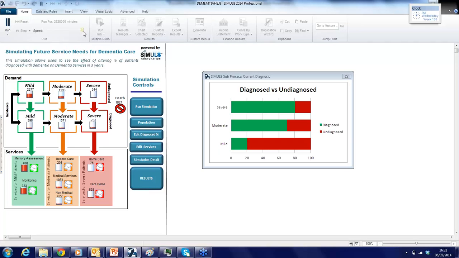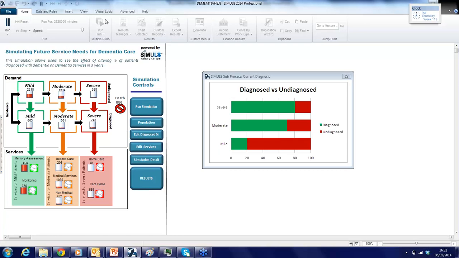So everybody in a health system will be meeting the needs of people with dementia. But obviously the burden of the cost is going to fall differently, the revenue is going to fall differently, and what we really want to do is to get the best outcome for this group of people.